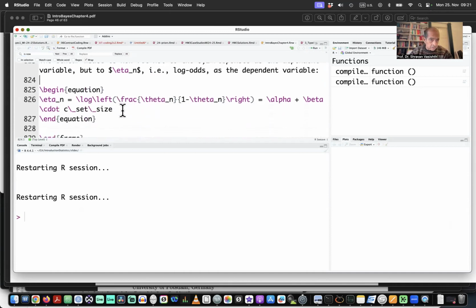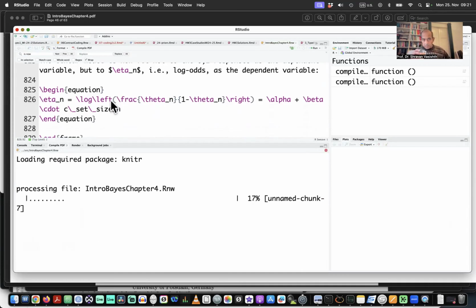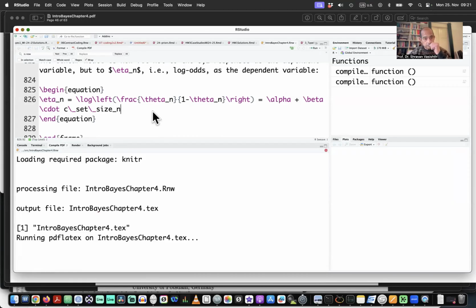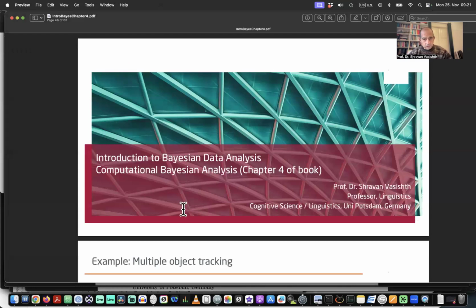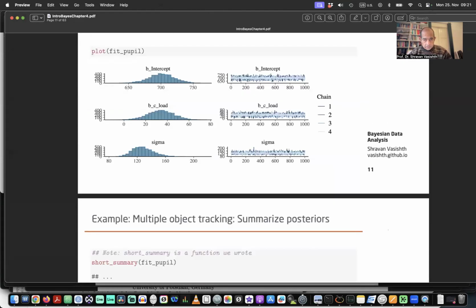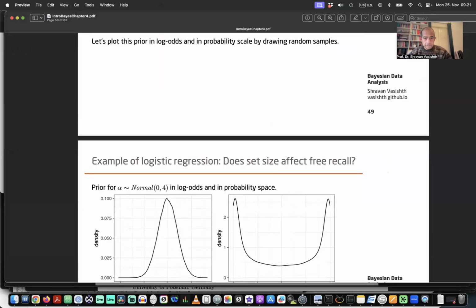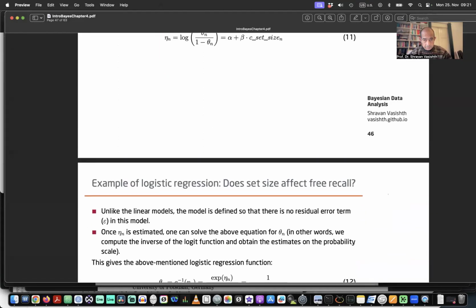What I really wanted to say here was underscore n. Let's see if I can redo this. Sorry about that. That was a stupid mistake on my part. I will have to check if the book also has this mistake.